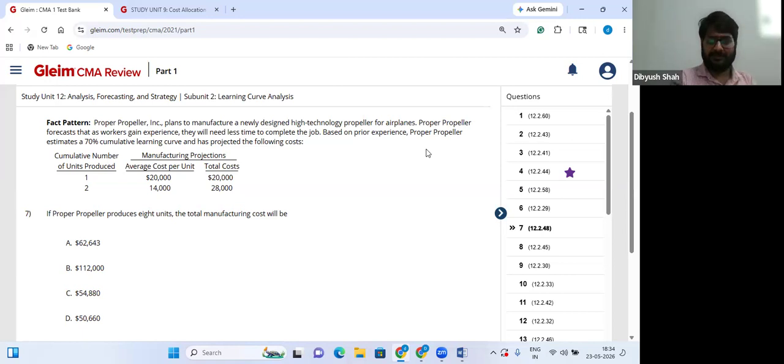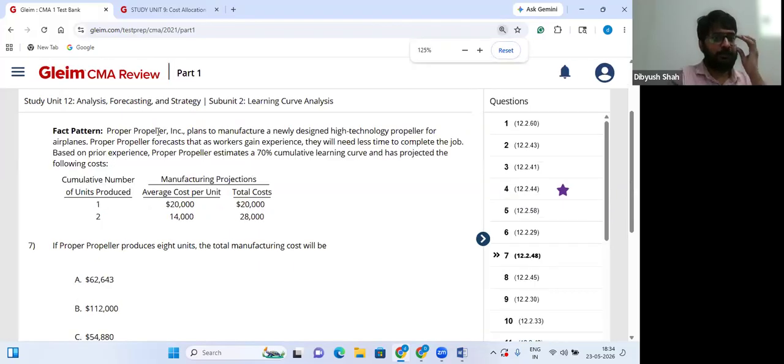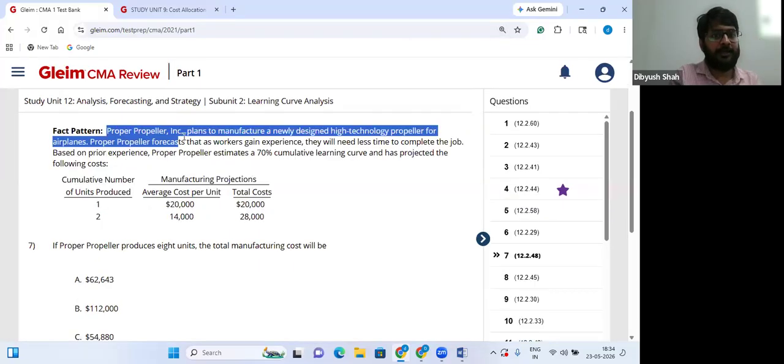Balance, I'm dictating everything. See this. Fact pattern. And this is again a very simple question. Proper Propeller Inc. plans to manufacture a newly designed high technology propeller for aeroplanes. Do you think it's relevant? Useful, useless information. Just English.